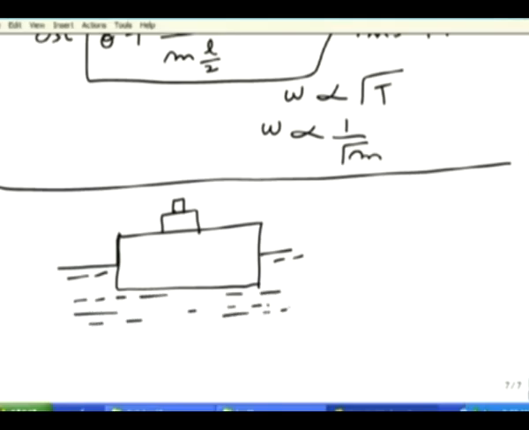Up to a certain distance it is submerged. Now, if this system is displaced, supposing you apply some force here, so it gets displaced, then its center of gravity and the center of buoyancy shift.